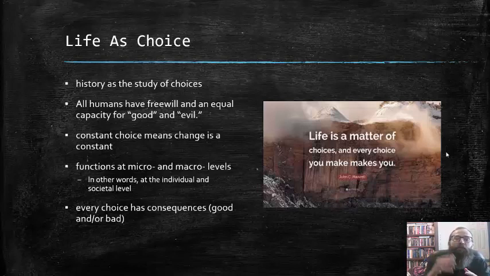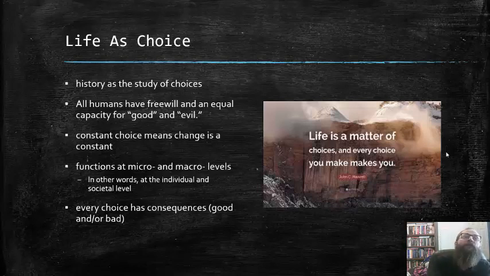Again, this goes back to what we discussed in that What is History presentation about the study of change over time. And these choices are the thing that definitively influence that change over time. Now, this functions at the micro and the macro levels. In other words, at the individual and at the societal level.